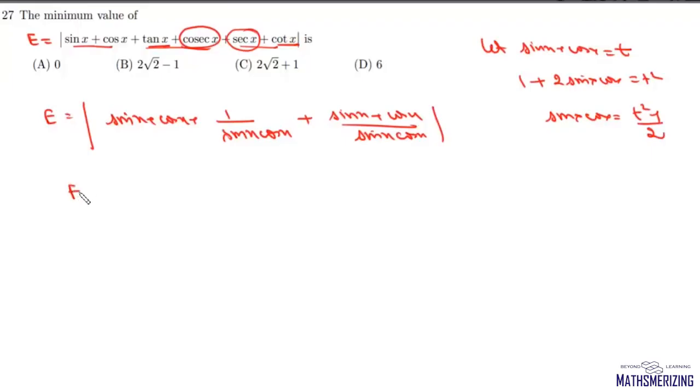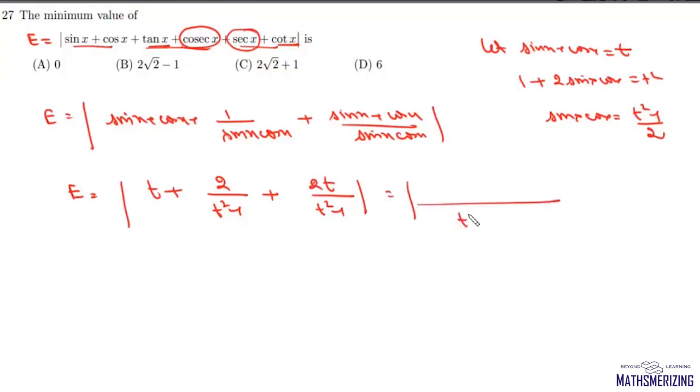Now we can write this expression E in terms of t. So it will be t plus 2 upon t square minus 1, and then plus t upon t square minus 1, and then it will be simply 2. Now we can write this as t square minus 1, and it will be t cube minus t plus 2 plus 2t, which is t cube plus t plus 2 upon t square minus 1.